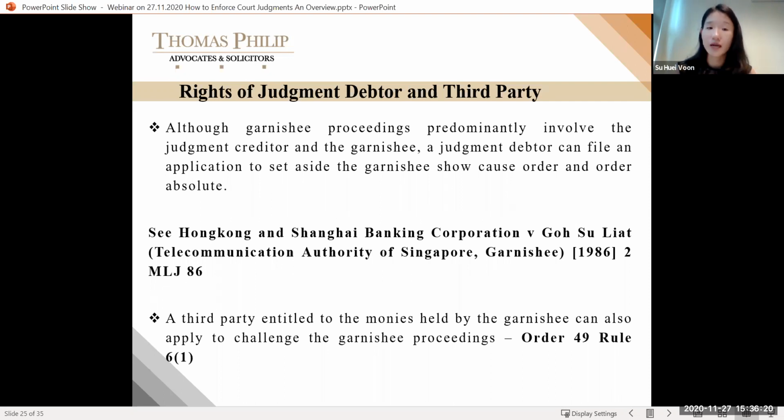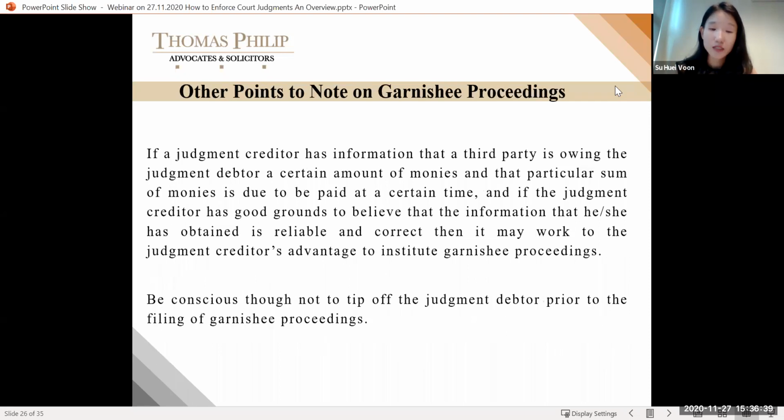It's possible to file an application to do that. And a third party who is entitled to the monies held by the Garnishee can also apply to challenge the Garnishee proceedings. So these are, again, mechanisms in place to stop any abuse of process. But broadly speaking, it really is between the judgment creditor and the Garnishee.